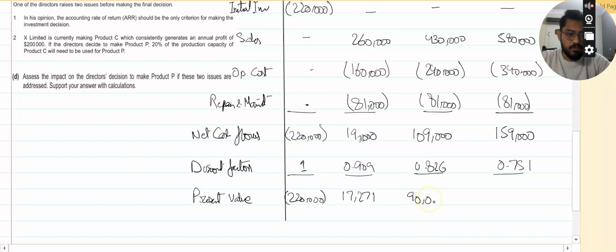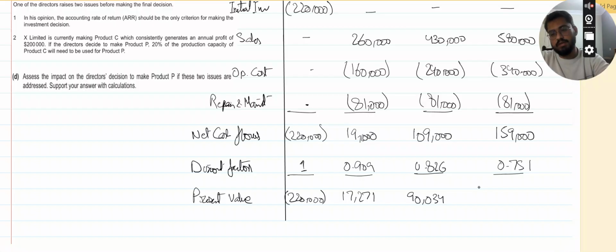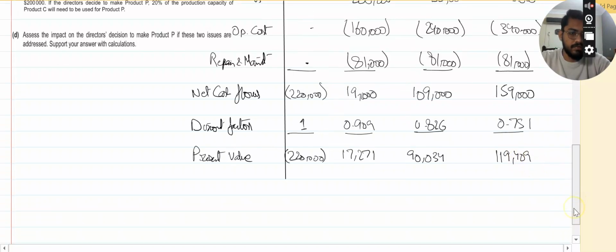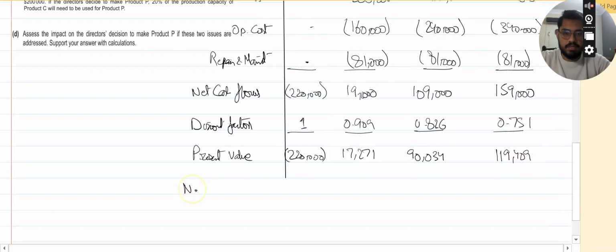This should come up to 90,034. And then we have 159,000 into 0.751. So this should come up to 119,409. So let's calculate the net present values now.